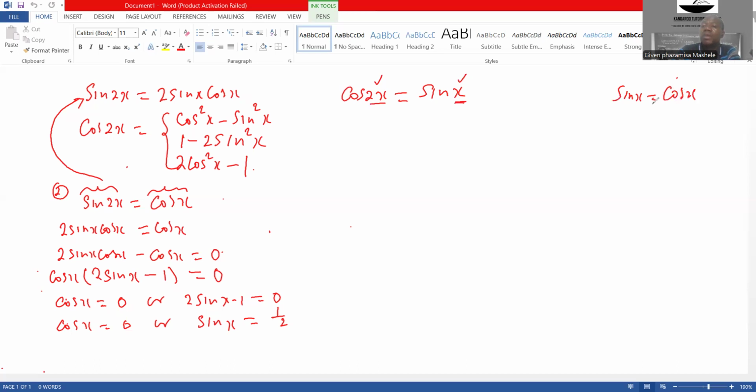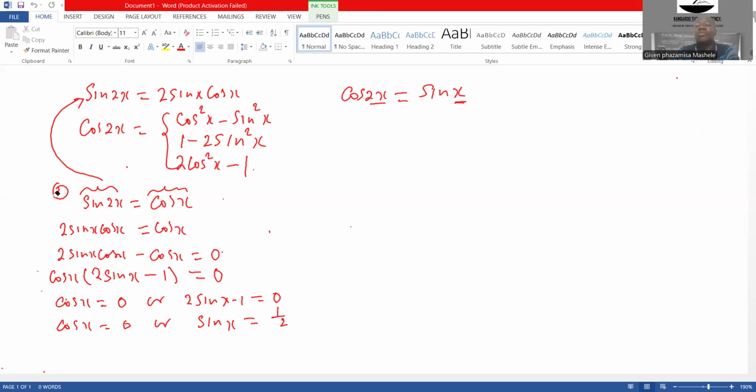Even if we had sine 2x and cos 2x, we would still get tan because the angles are the same. Now with this one, the angles are not the same, so we can no longer resolve this into tan.